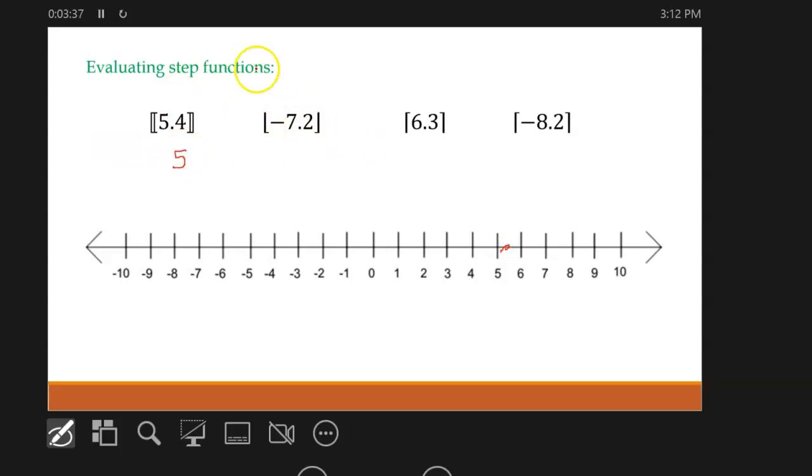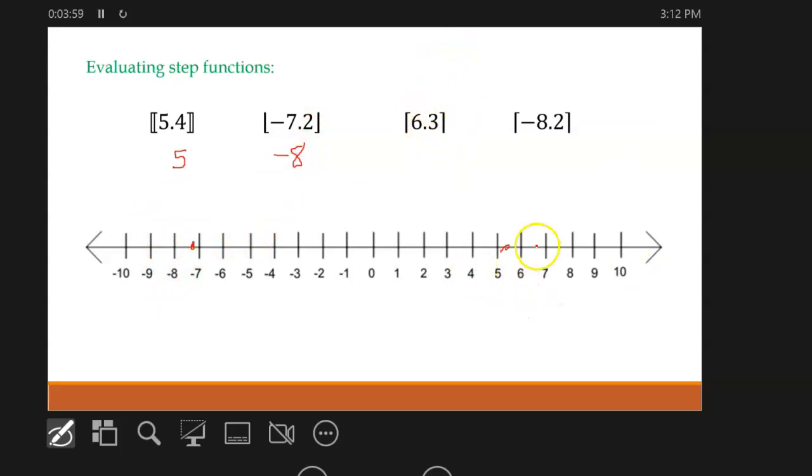The greatest integer of negative 7.2, negative 7.2 is here. We are looking at the greatest integer that is less than or equal to negative 7.2, and that is negative 8.